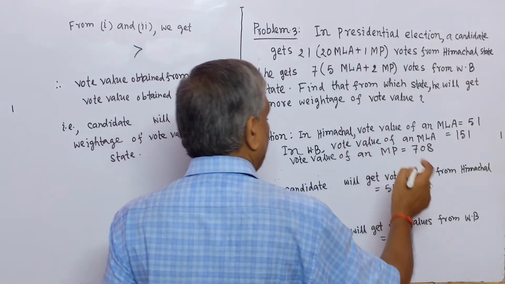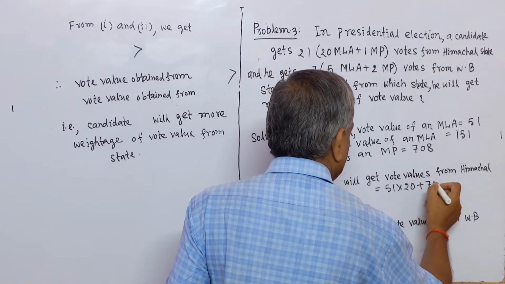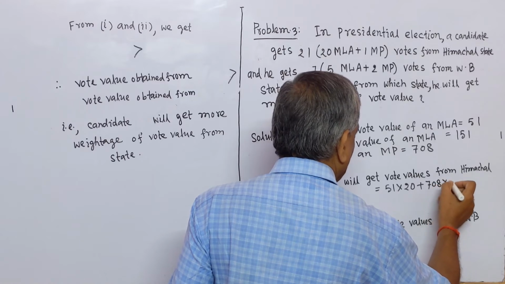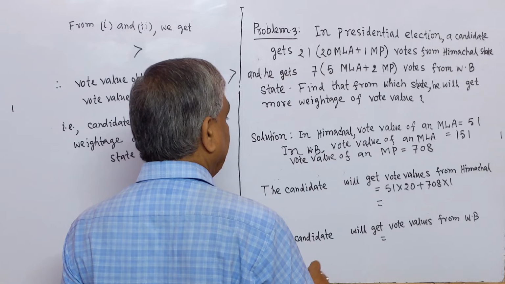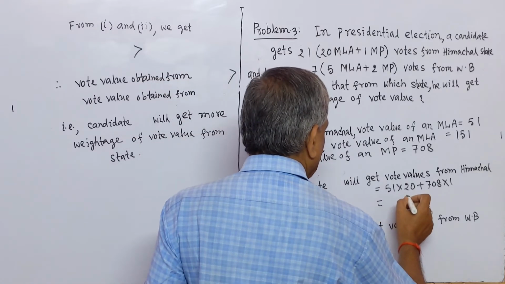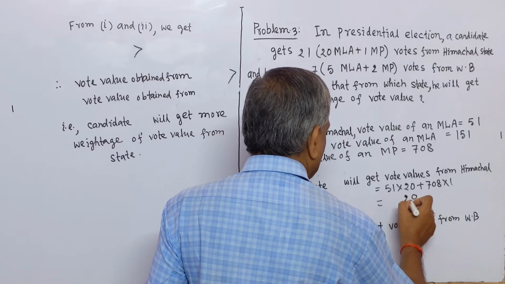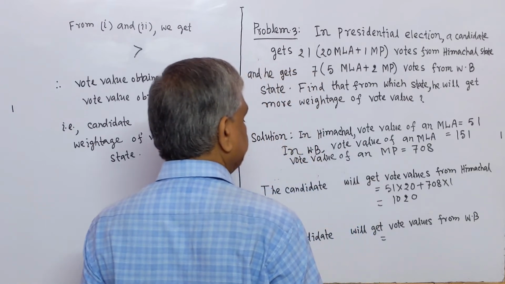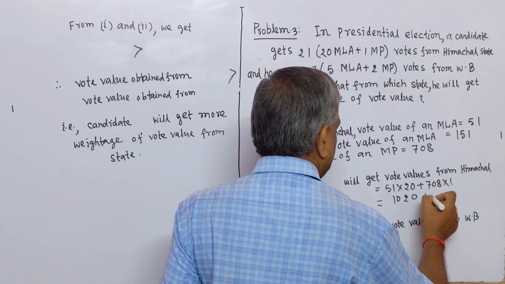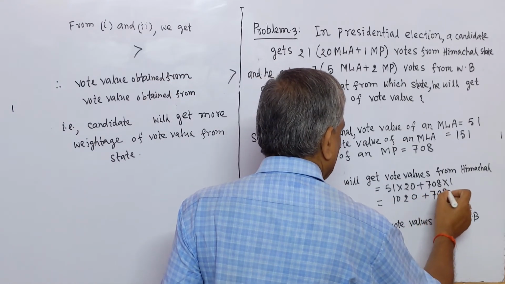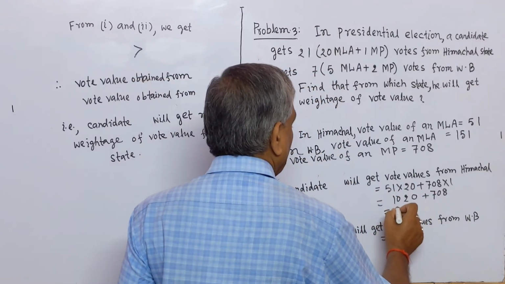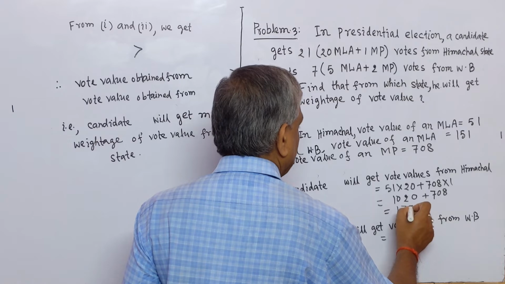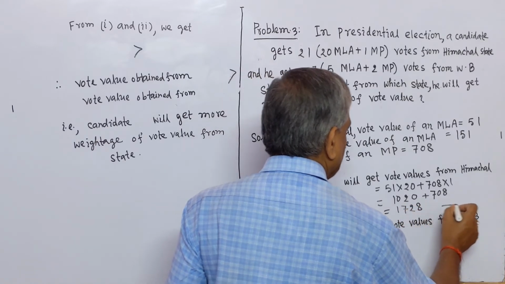Vote value of 1 MP is 708 multiplied by 1 MP. And 51 multiplied by 20 is 1020, plus 708. If we add these, we will get 1728. This is number 1.